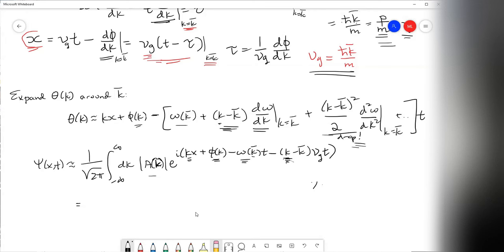Okay, so we have this, and now we see that you have this k, and there's a k over here. Those are the only k's. So this whole thing is equal to 1 over square root of 2 pi, integral from minus infinity to infinity, dk, a of k, and now we have e to the i, kx plus this phase, phi of k.